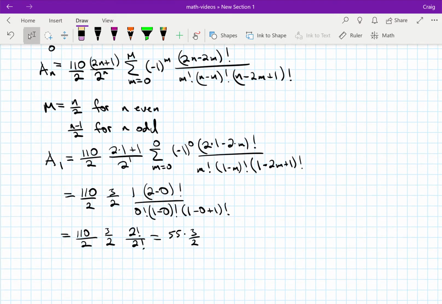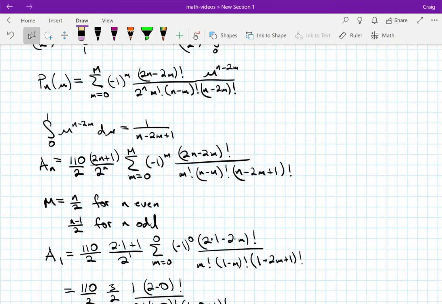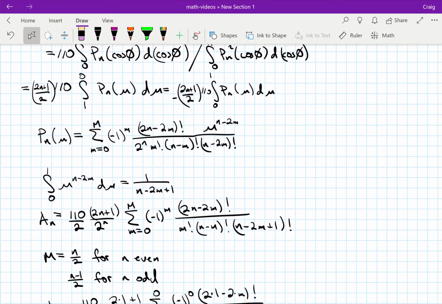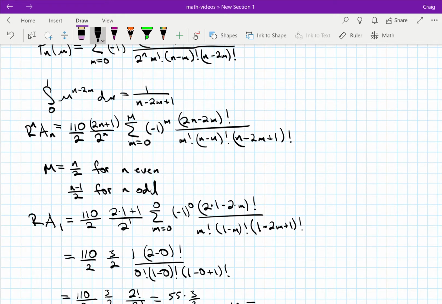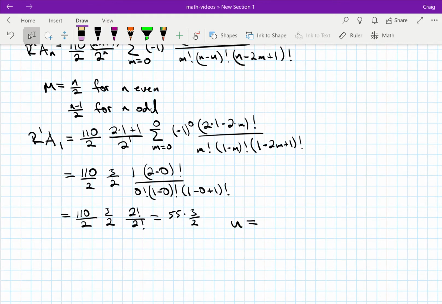So if I were to write my function u, and again, I'm sorry, I've been a little sloppy here. These should all be r to the n. So this is r to the 1. And so my first, a1, is 1 over r to the 1 times 55 times 3 over 2.